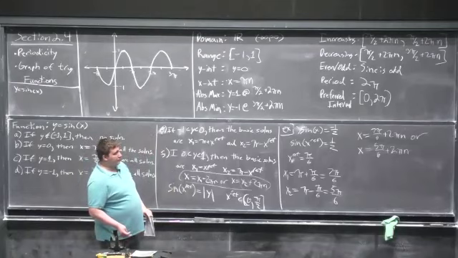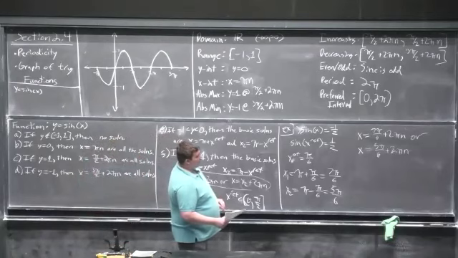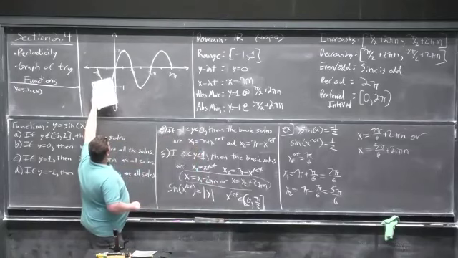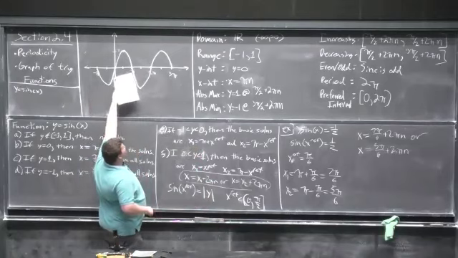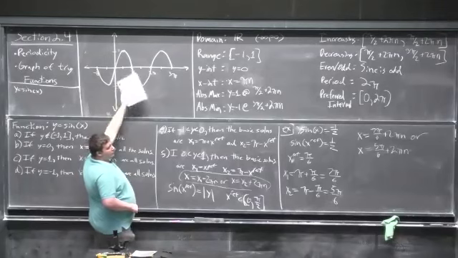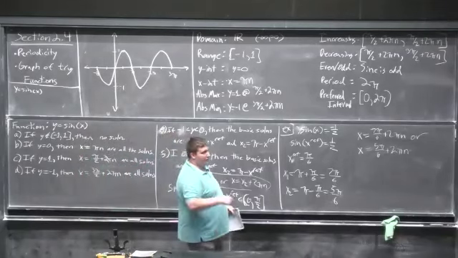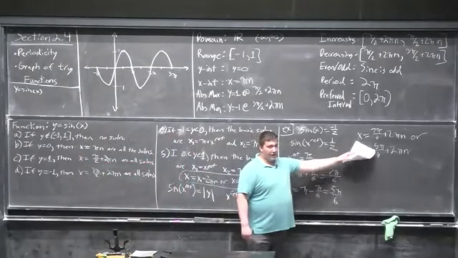We have negative pi over 6. Here we have 7 pi over 6. And 5 pi over 6 is here, so it's just after the top part of the unit circle. And that's how we could have obtained either of these.